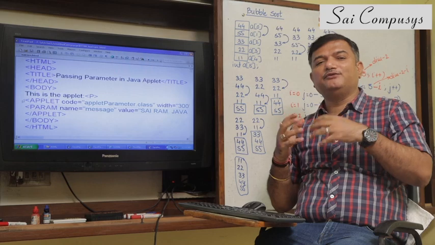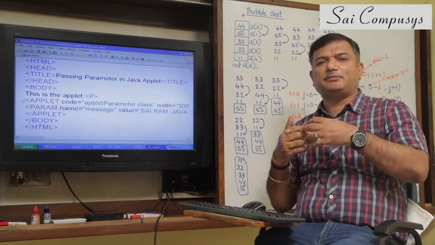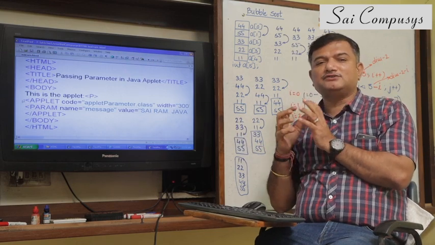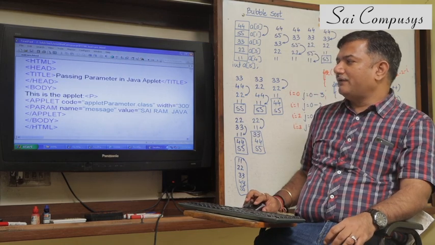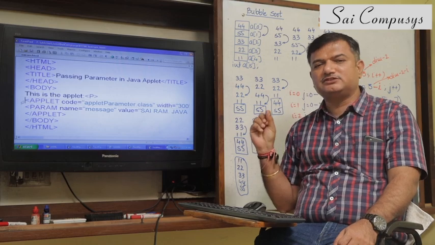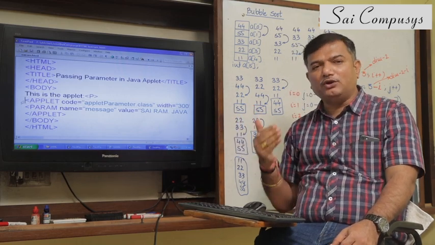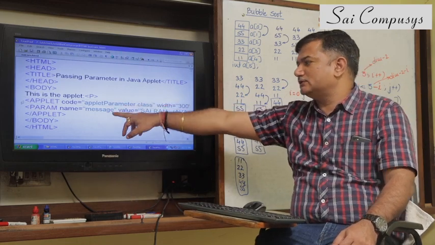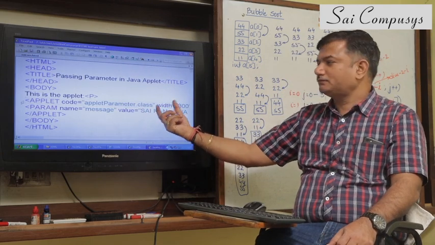This is like passing information to a function. When I pass information to a function, I say I am passing parameters to a function. Here I am passing parameters to the applet program. So what I have done is, I have specified the applet tag in my HTML page which specifies the name of the class, the width and the height, and along with that I have also specified the param tag, where the parameter I am specifying as message, and this is the value of the parameter.